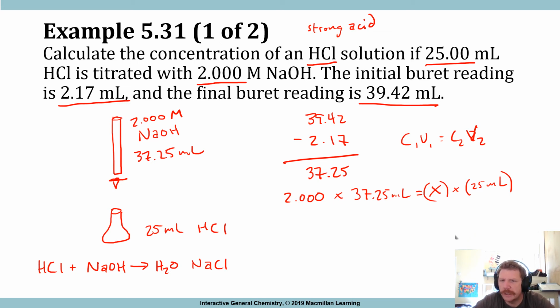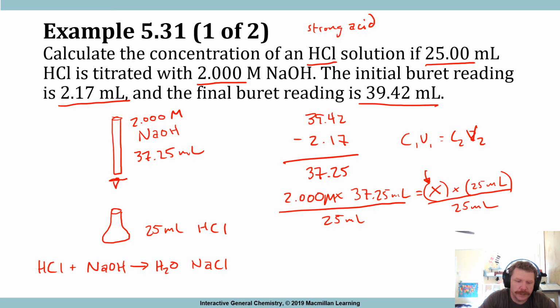Now, a question is, what are the units of our concentration going to be? Well, working through a little bit of this problem, milliliters cancel with 25 milliliters, and we're left with molar. So our concentration is going to be in molarity. The reason we can do this is because our volumes were both in milliliters.